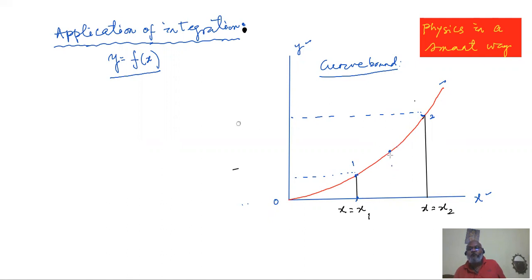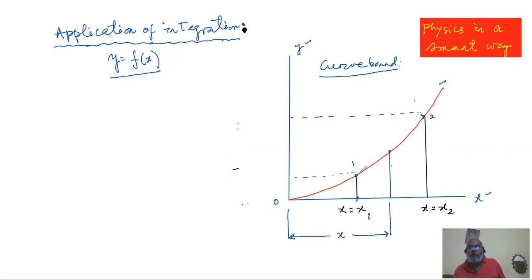This is the x coordinate of the point. You just select the point arbitrarily, but that point must be within point 1 and 2.